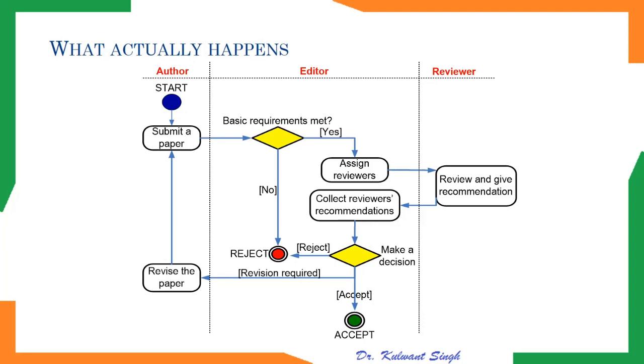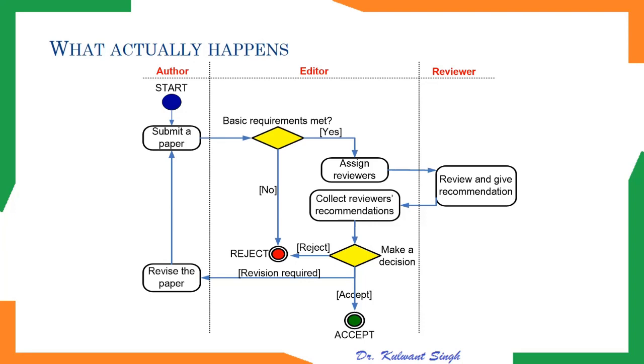Once the paper qualifies, or you can say fulfills all the basic requirements of the journal, then the editor invites the reviewers for that particular manuscript. Otherwise, if your paper does not meet all the basic requirements of the journal, then it is directly rejected by the journal.